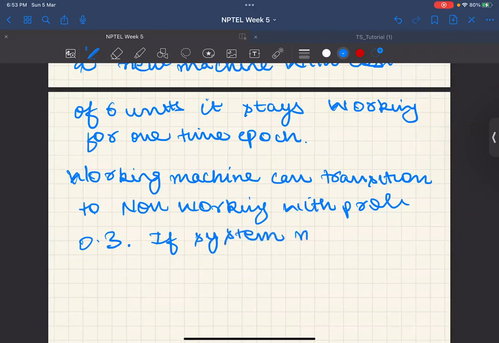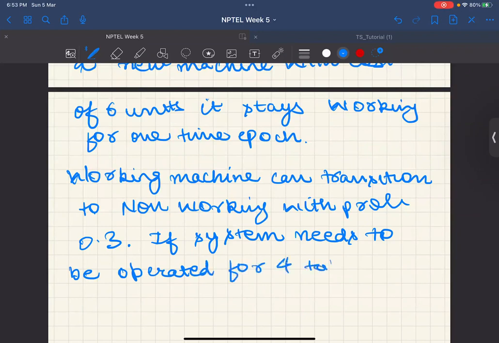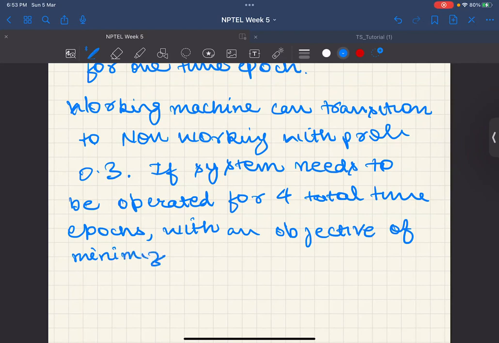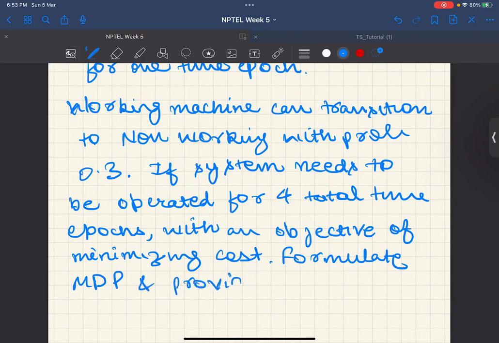The system needs to be operated for 4 total time epochs with an objective of minimizing the cost. Formulate the MDP and provide the optimal policy.